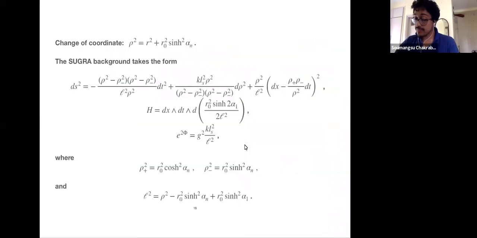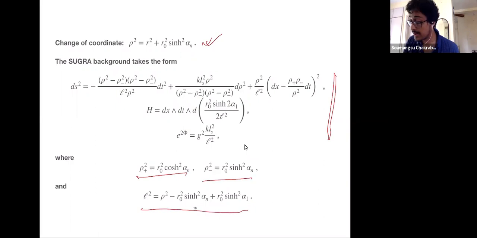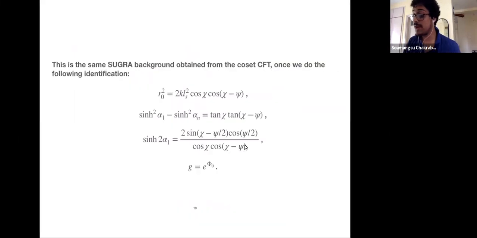Then let's consider this change of coordinates, a simple change of coordinate. And once you do this change of coordinate, this metric takes exactly the form that I derived from the coset. This rho plus and rho minus are given by this expression. So there is also this L squared. And when I say they exactly match the supergravity background I obtained from the coset, what I mean is that they match once I do this identification.